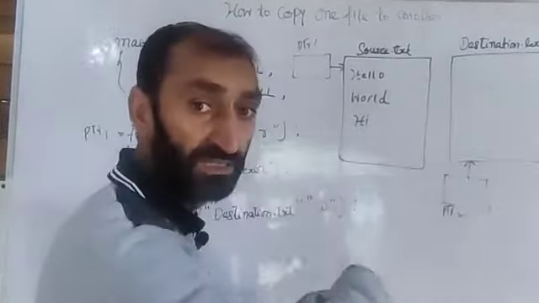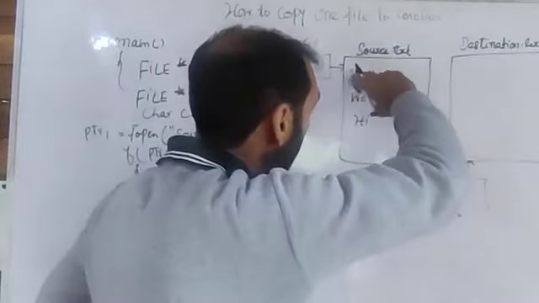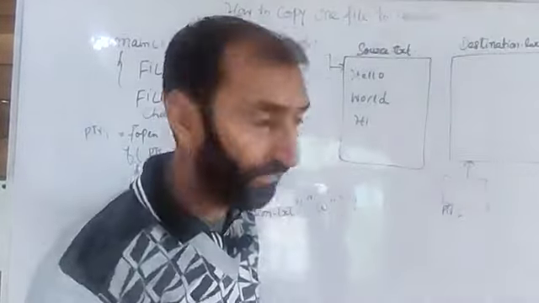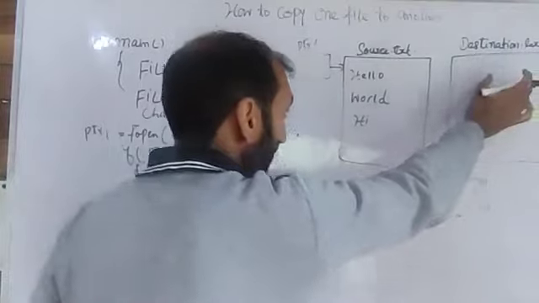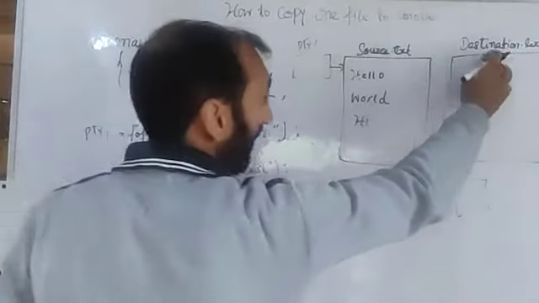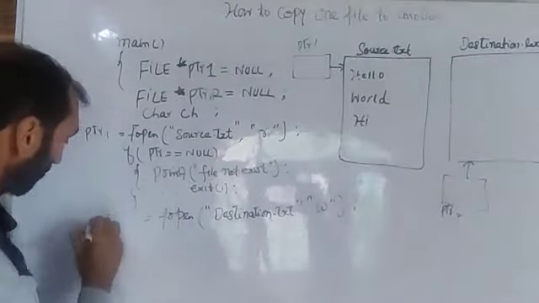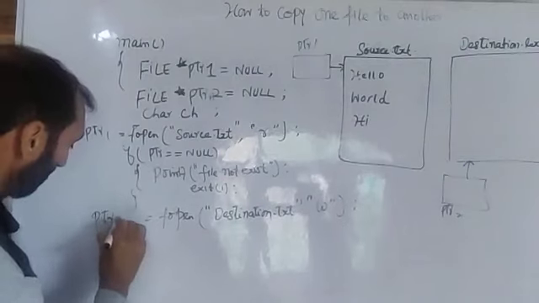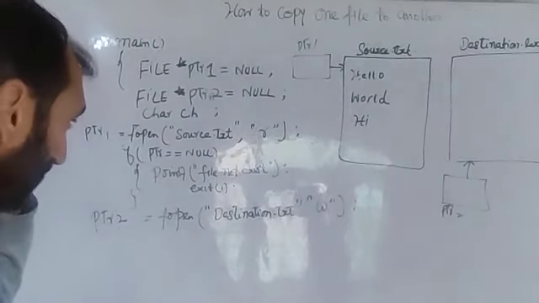We have only copied the contents of the source into this file. So obviously, the mode in which we are going to open this file is the W mode, which will return a pointer that will get stored in PTR2.